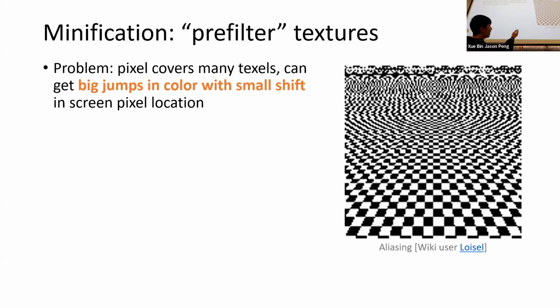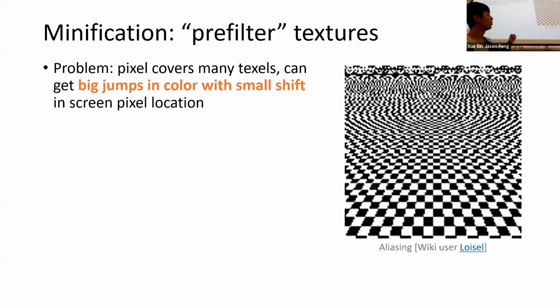So in this image here, at the top of this image, we are just using the color of the closest texel that a pixel maps to. And because a pixel can cover multiple texels, adjacent pixels can end up being mapped to very different parts of the texture. If we just use a single texel for the color of a particular pixel, we can get some of these random changes in the colors between adjacent pixels.